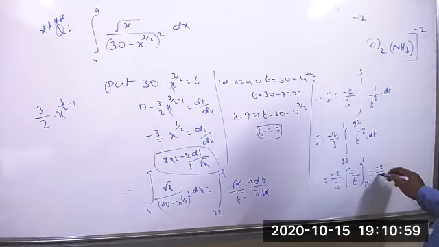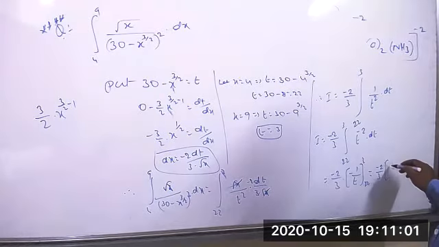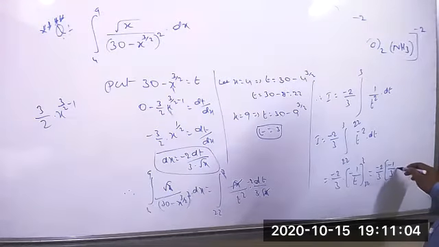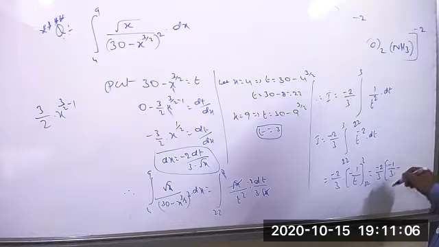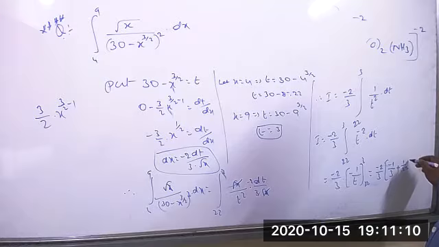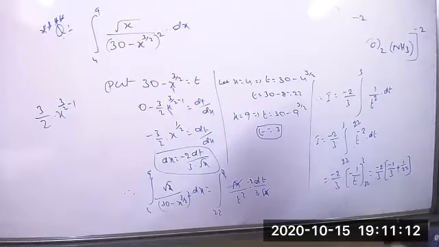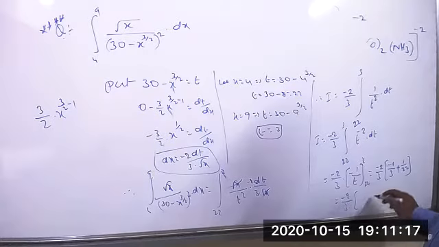So minus 2 by 3 into minus 1 by 3 minus, okay, minus of this value will get plus only, 1 by 22. 1 by 22 minus 22 by 3 into the LCM of 3 comma 22 equal to clearly 66.